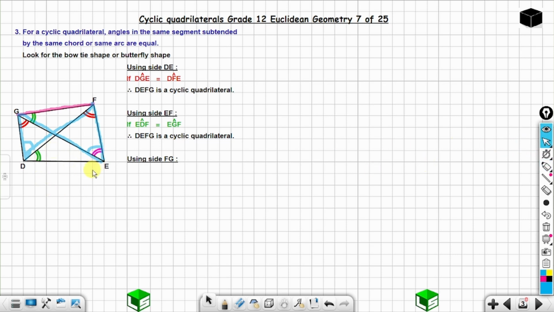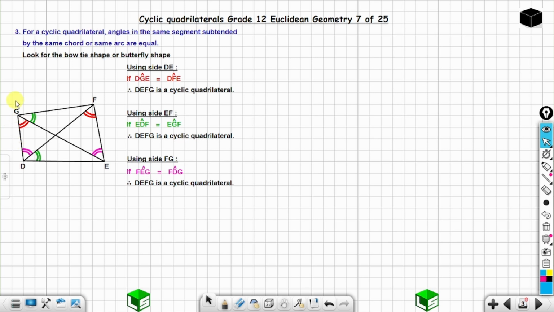If the angle FEG is equal to FDG, if the two angles are equal to each other, therefore this is a cyclic quadrilateral.